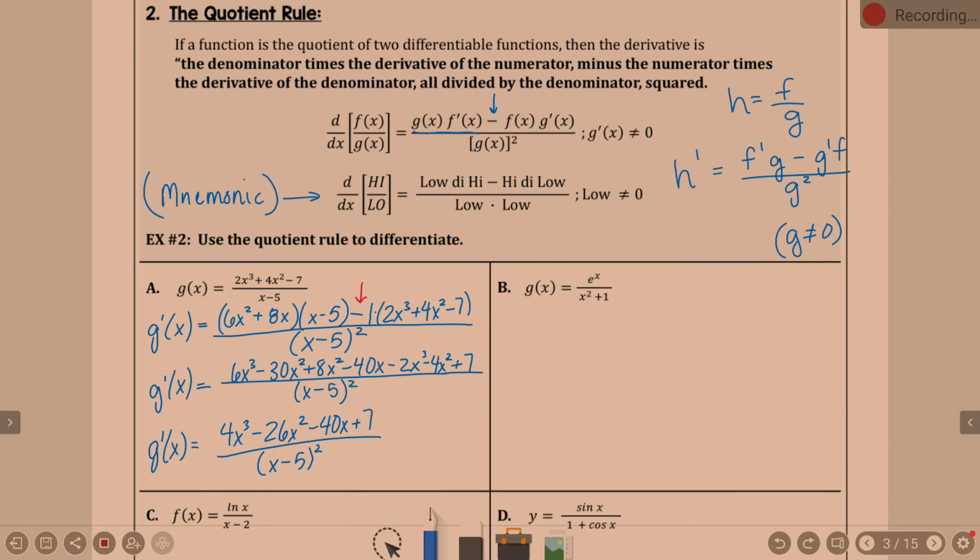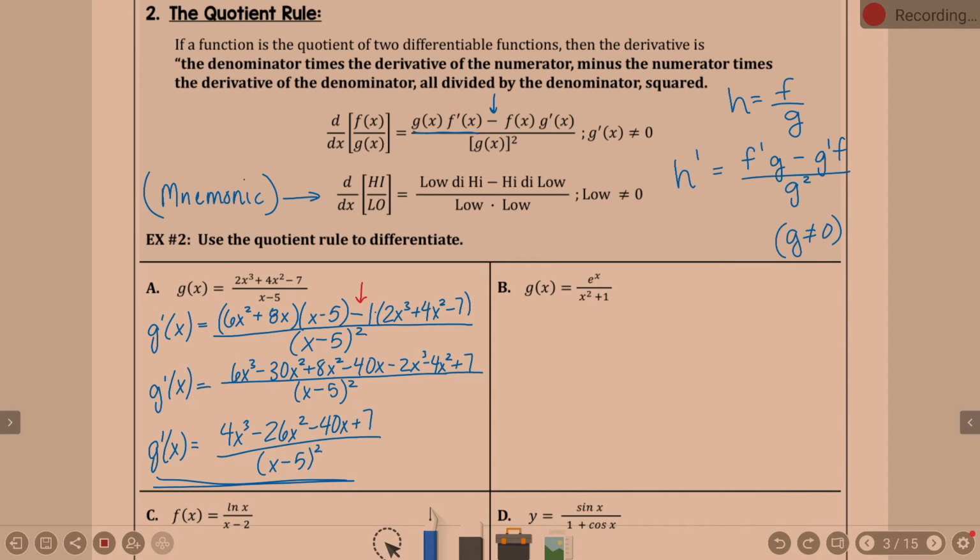Hey, it agrees with my answer key. This is why I work these out ahead of time, right? Now, obviously, if it looks like the top would factor or something and we might be able to do something more, we'd want to do that. But, yeah, that top looks ugly, so we're going to leave it.